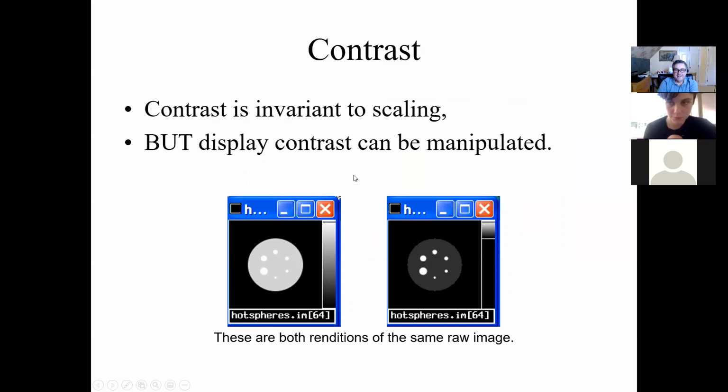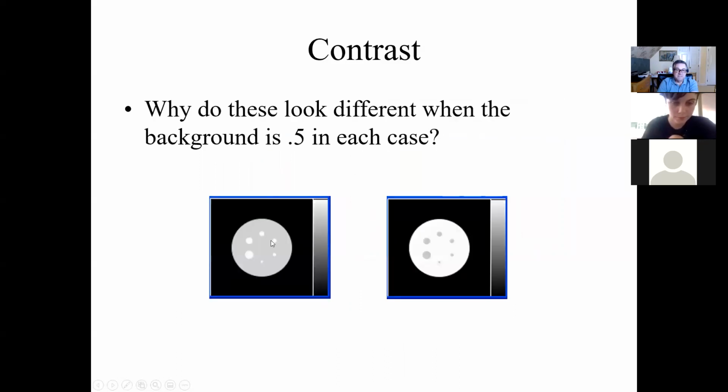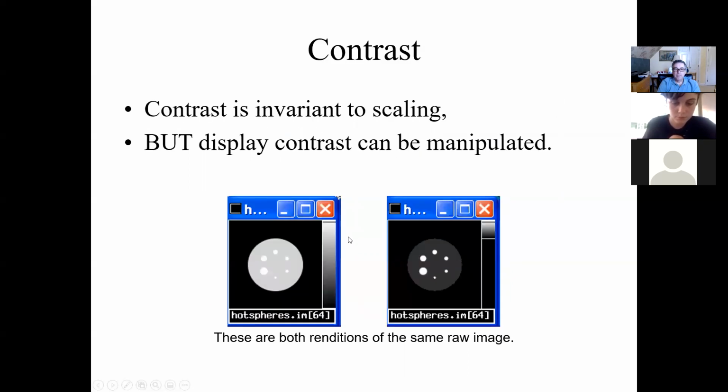And so this is important because the absolute contrast in the image doesn't change, right? The values of my intensities of those things in the original raw data are the same, but I can manipulate the contrast with which they are displayed, and I can do it very easily.